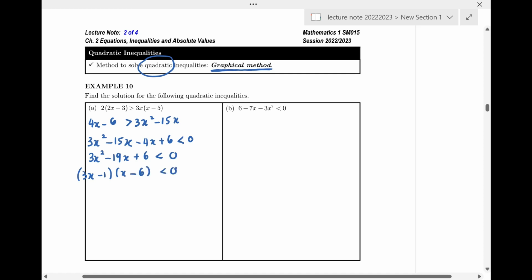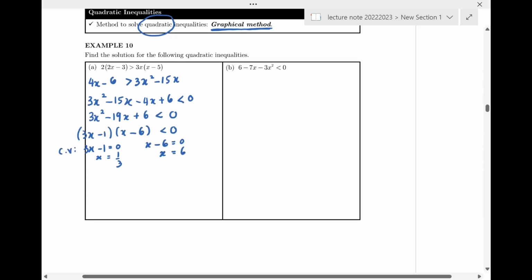So from here, we have what we call critical numbers, critical values. We have 3x minus 1 equals to 0, x equals to 1 over 3. The second one is x minus 6 equals to 0, x equals to 6. So these are our critical values or critical numbers.